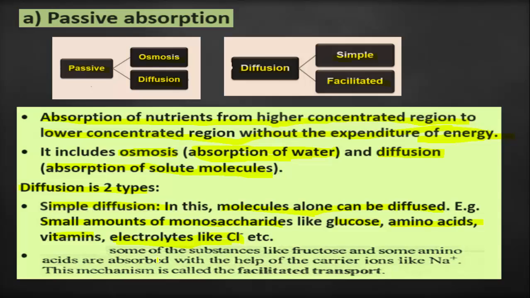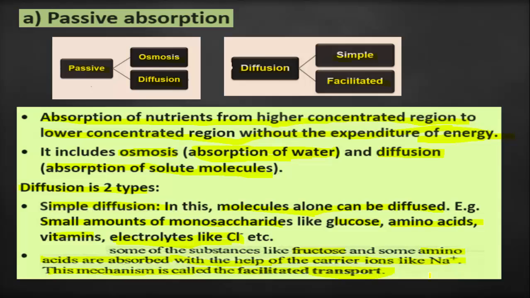Whereas molecules like fructose and some amino acids are absorbed with the help of carrier ions like sodium. This mechanism is called facilitated transport. Through the protein channel, the molecules are transported. I am telling protein channel, not with the help of expenditure of energy.